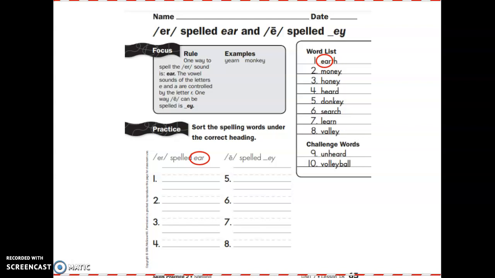So earth would go below E-A-R, at number 1. The other heading is long E spelled E-Y. So you're going to put any word that has E-Y underneath the heading E-Y. For the challenge words, you will draw a line or just write the words underneath the correct heading.